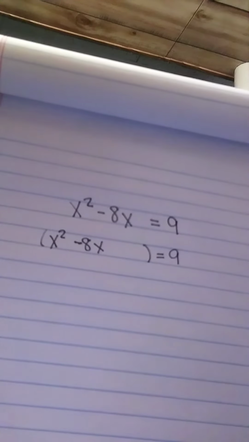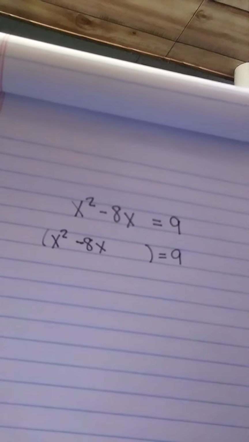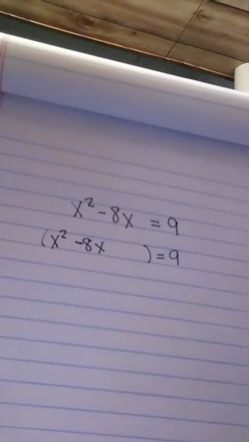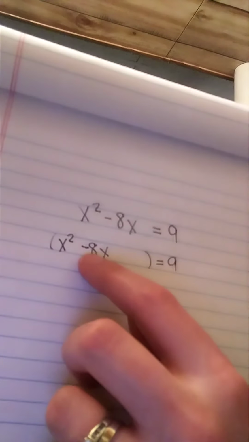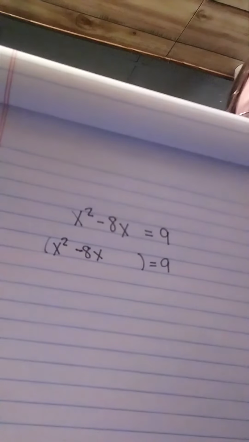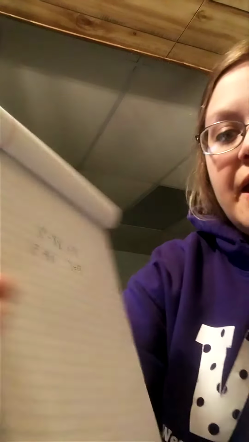The way that you get that number is you take half of b and square it. Our b value is -8. Half of -8 is -4, and -4 squared is +16. So +16 is the number that I'm going to put in that blank space.